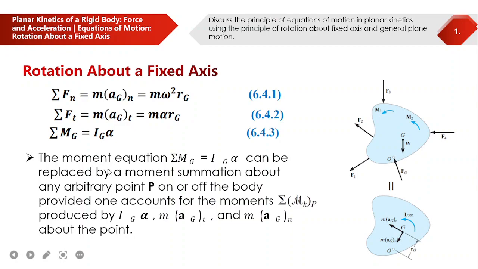Anyway, this is to introduce another way of solving when dealing with rotation about the fixed axis. Again, this moment equation can be replaced by a moment summation about any point, since this one is about the body's center of mass.